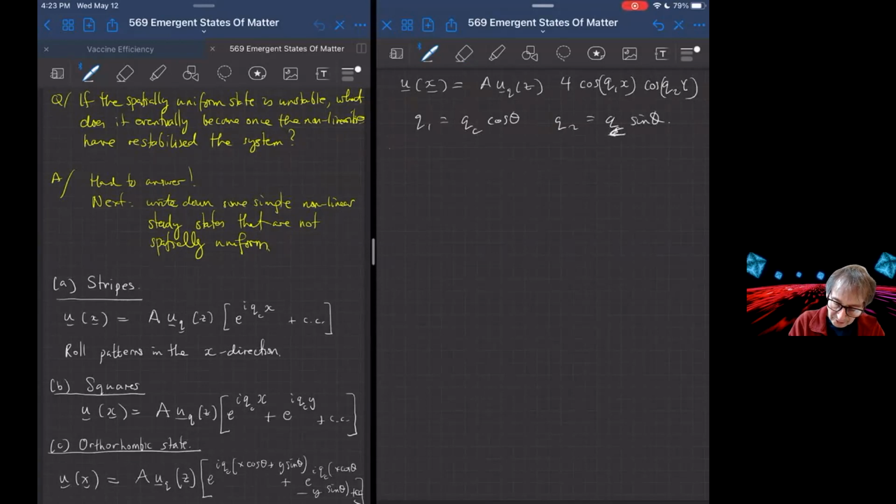This is where I'm going to stop drawing them. So hexagons, which are actually an important case.